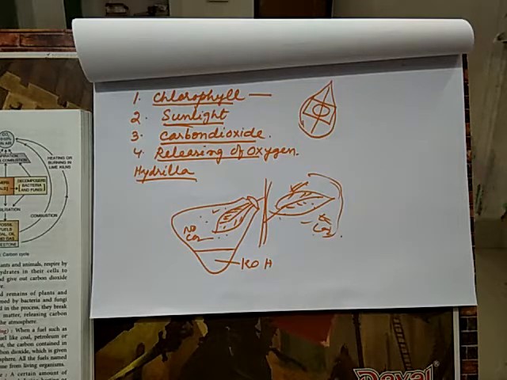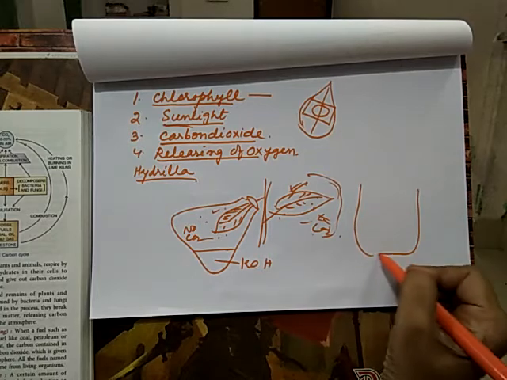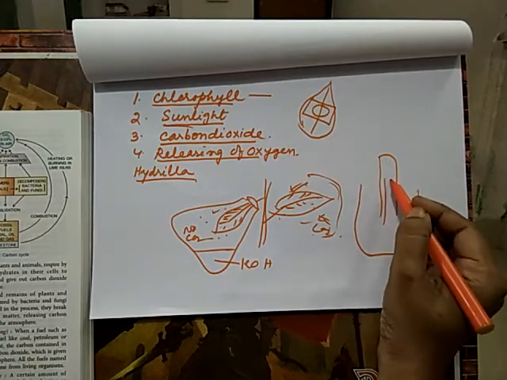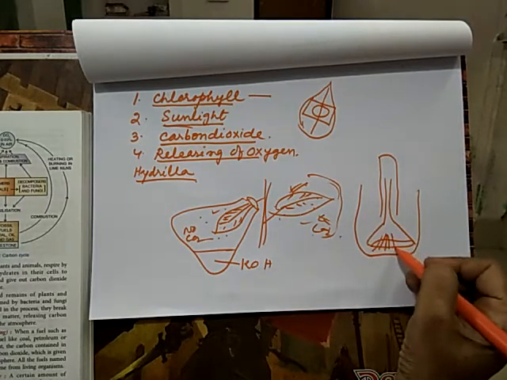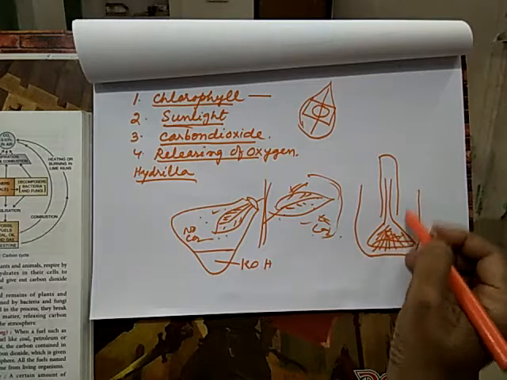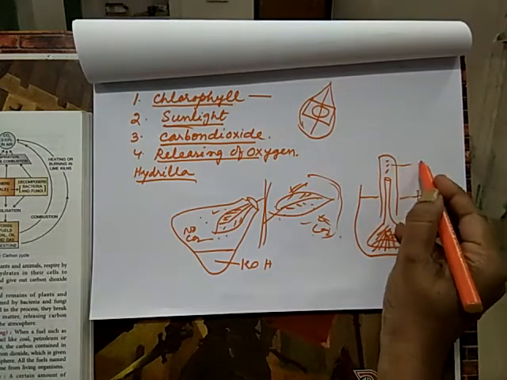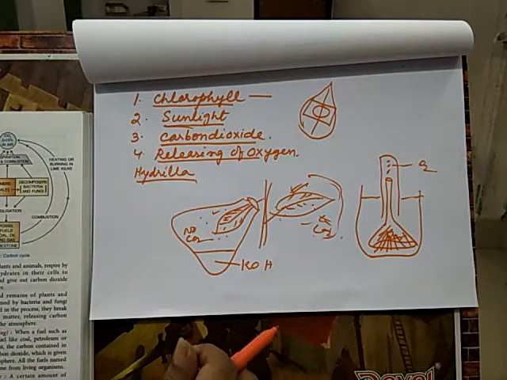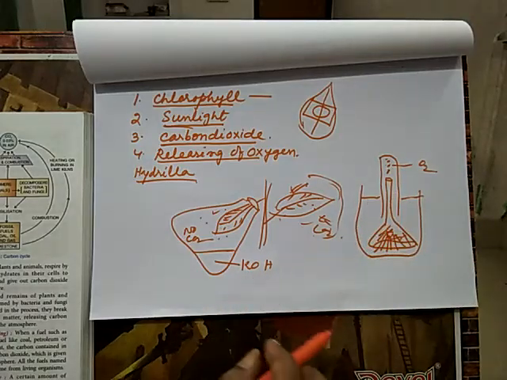Bubbles of gas will come out in the test tube. The apparatus is arranged like this: the test tube and a funnel are present, and here we take the Hydrilla plants. Bubbles of oxygen will be released, and these bubbles are considered to be oxygen.